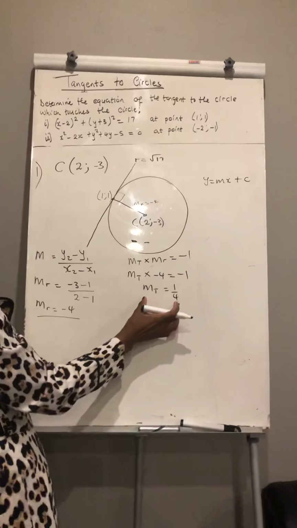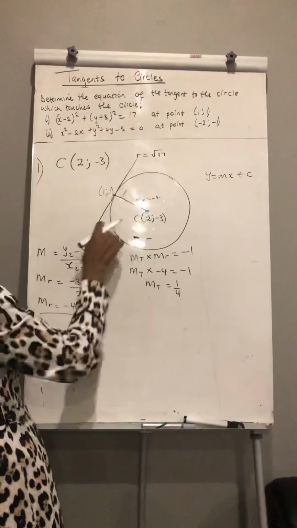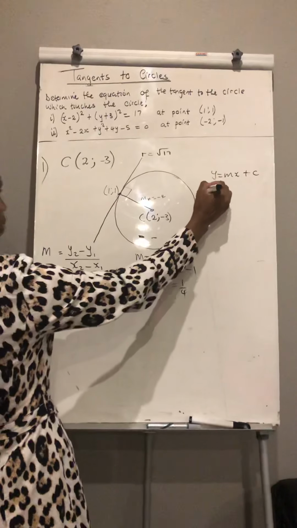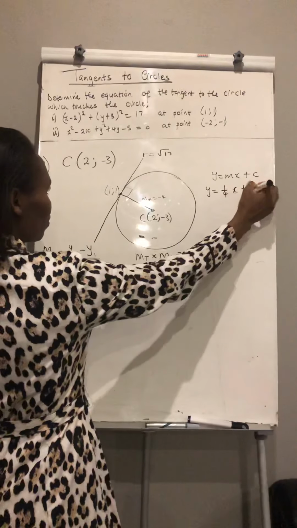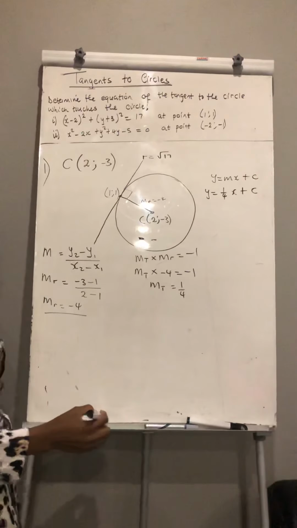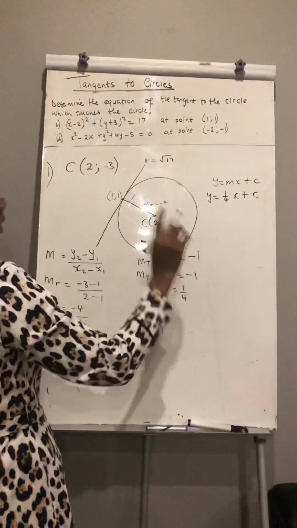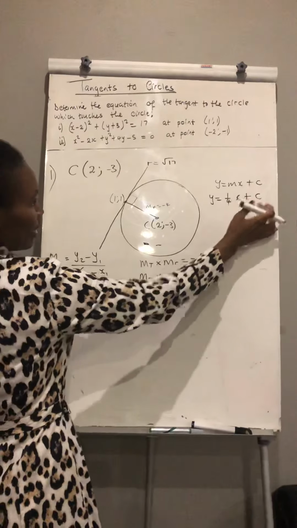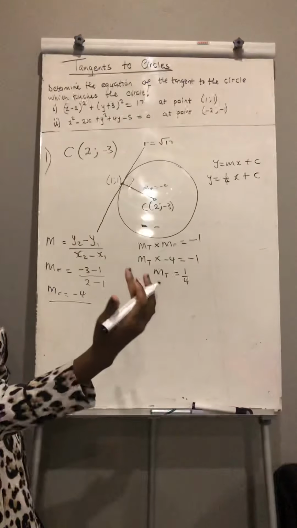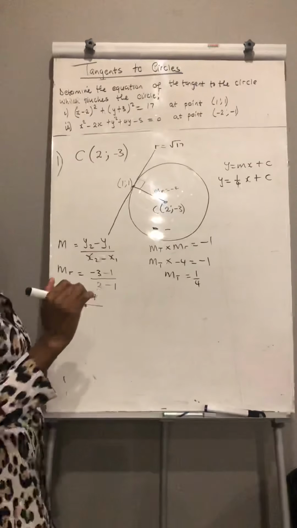So now that I have it, I can use it in this line, and this is where we are so far. If I want to determine the equation of the tangent now, that is the gradient. But I need one coordinate that I can substitute so I can get C. And luckily for us, we have this point.